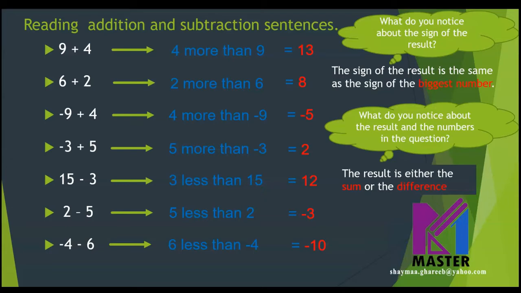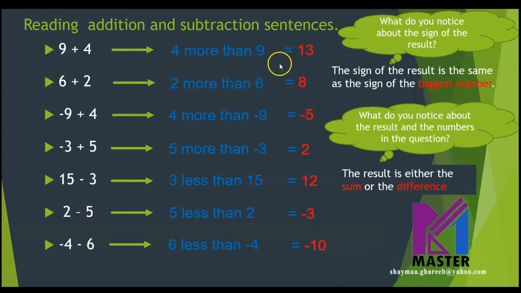Can you notice when it is the sum or when it is the difference? Is there any rule, or can we find any rule, especially when we work with big numbers? I will not count back or count forward every time to get the answer.